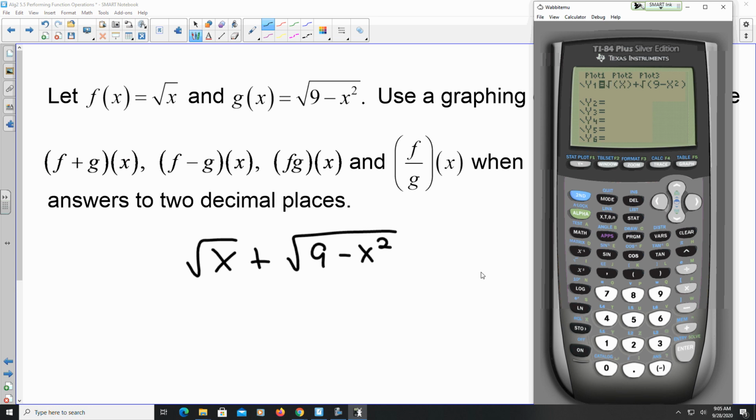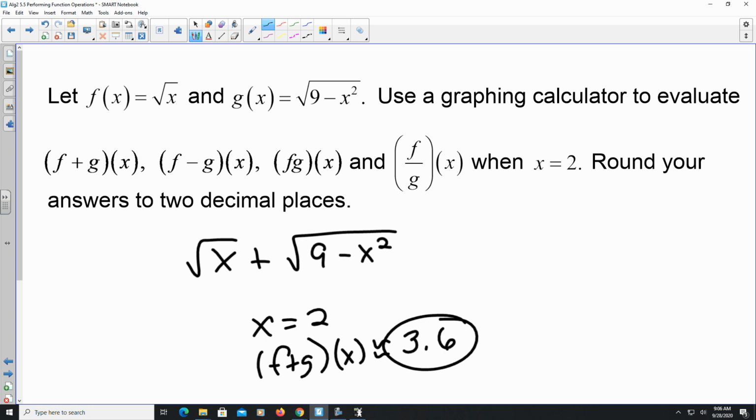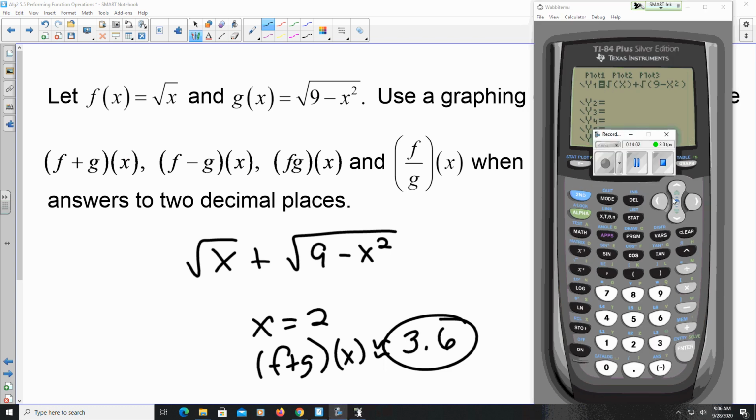So I would say when they said when x is 2, this f plus g of x is about 3.6 or something like that. And that is being able to perform function operations. Hope this helps. Till next time.